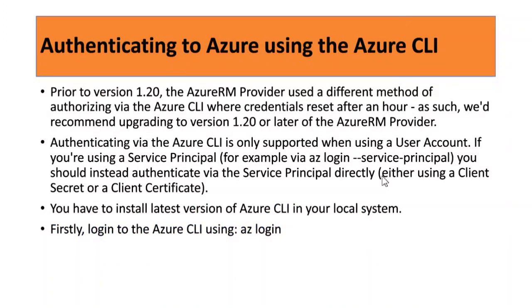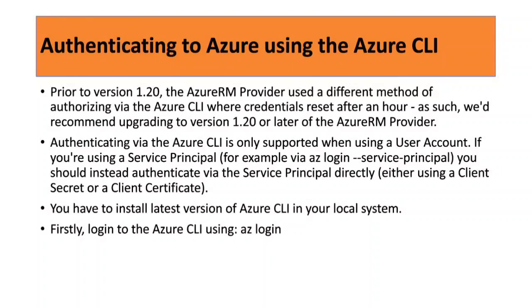So first we have authenticating to Azure using the Azure CLI. There is one important point: prior to version 1.20, like 1.19, 1.18, if you're using those versions, then the AzureRM provider used a different method of authorizing via the Azure CLI, where credentials reset after an hour.